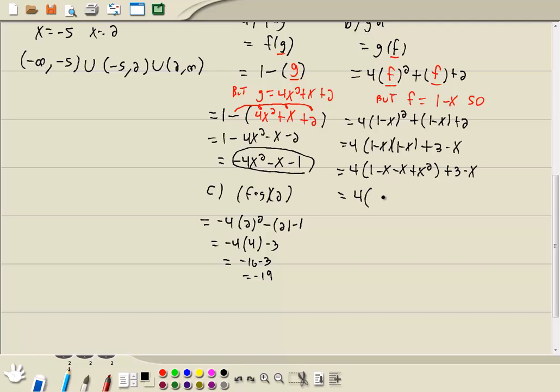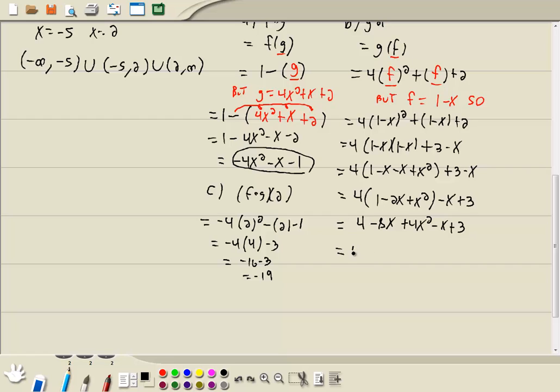Combine like terms: negative x and negative x is negative 2x, plus x squared, minus x plus 3, put in the right order. Multiply that 4 through: 4 times 1 is 4, 4 times negative 2x is negative 8x, 4 times x squared is 4x squared, minus x plus 3.